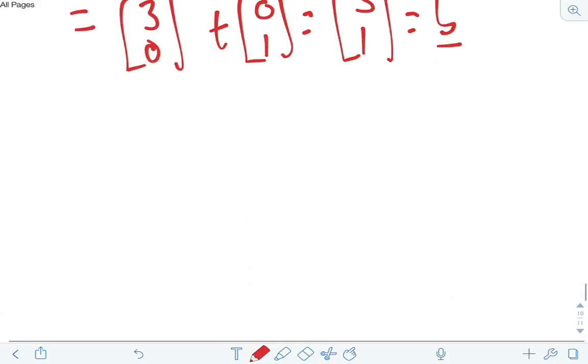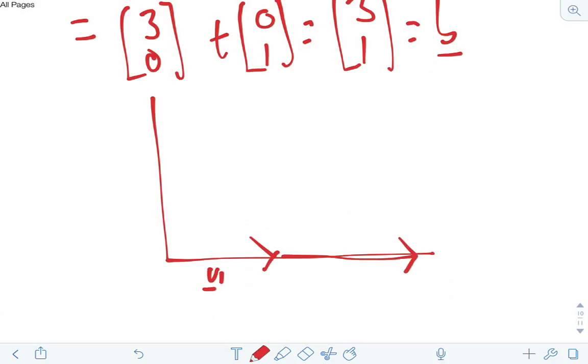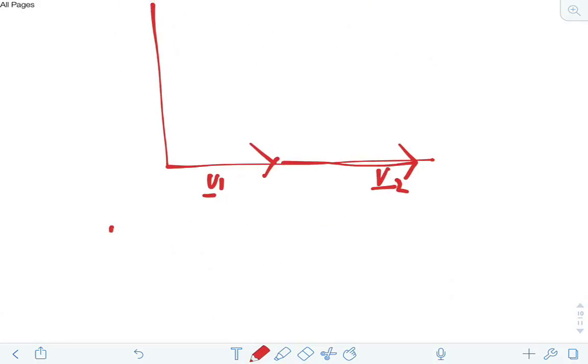Let's do a couple more with v1 and v2 to see if there are other circumstances. What if this were v1 and this were v2? So I have here v1 is equal to 1, 0. And v2, we're out here at say 3, 0.